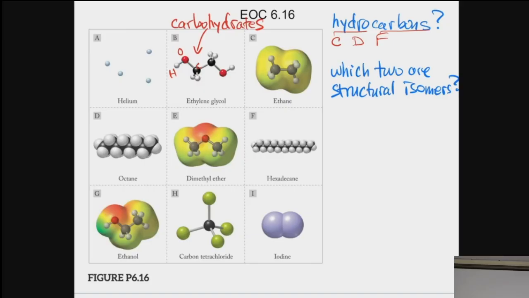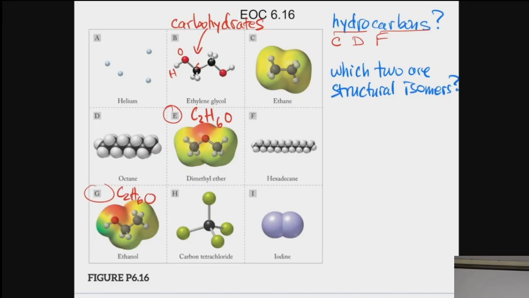If we were to, well, now that I've said that, which two do you think are structural isomers? E and G are structural isomers. That's right. Because both of these have 2 carbons, C2. They each have 6 hydrogens and they have 1 oxygen. So C2H6O. So a structural isomer is something that has the same number of atoms.